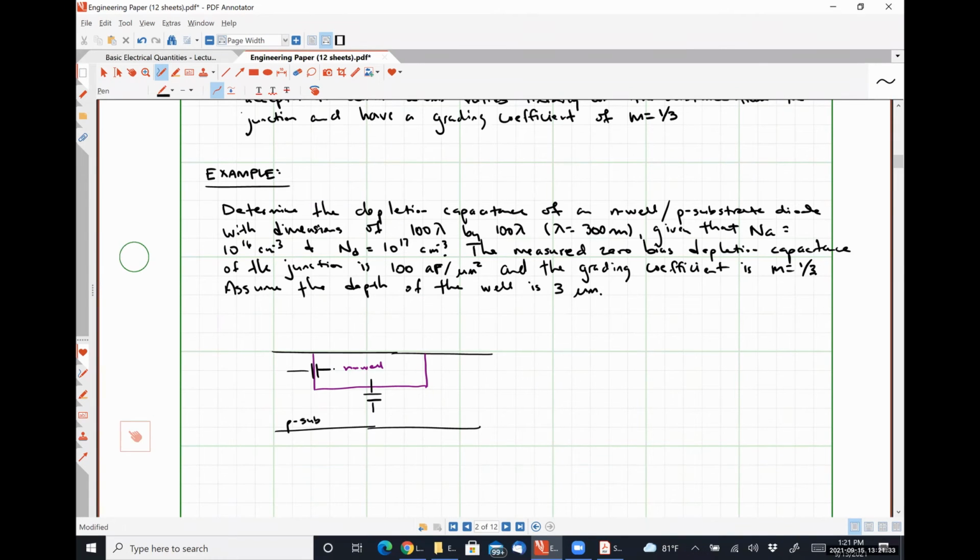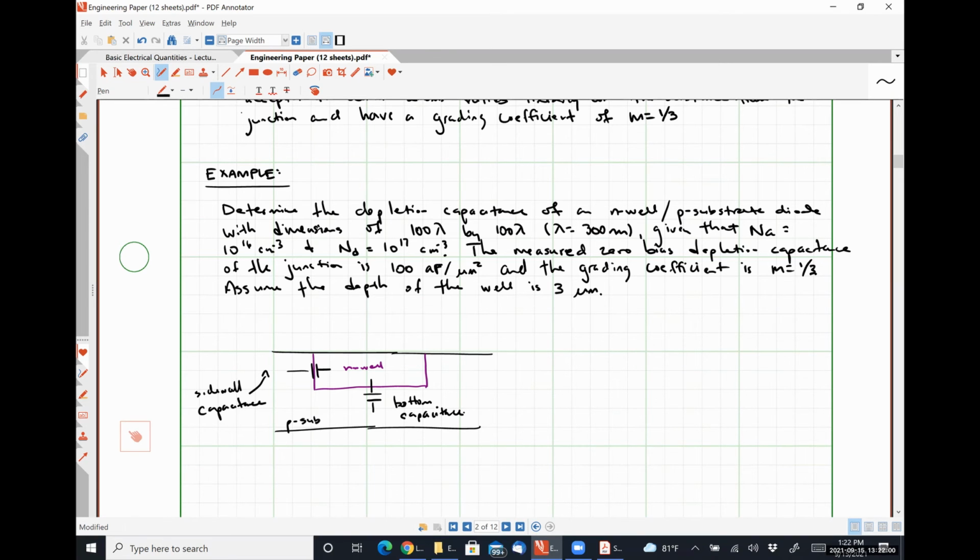So let me write that in here. Sidewall capacitance and bottom capacitance. We'll have to figure out what both of those are.